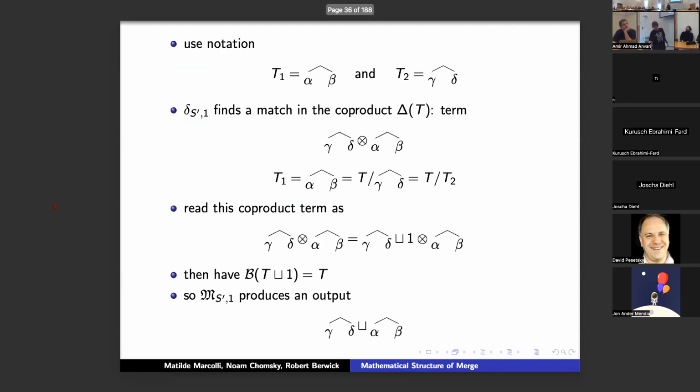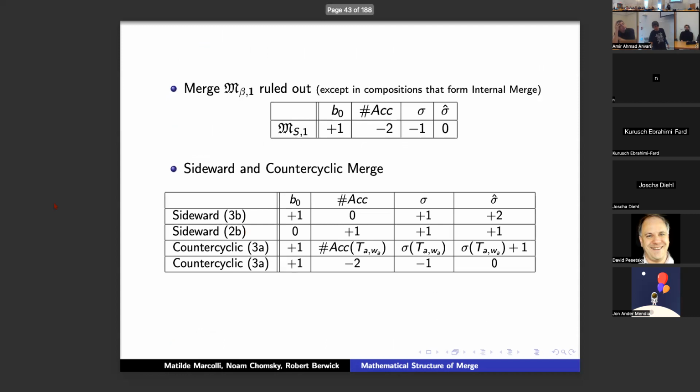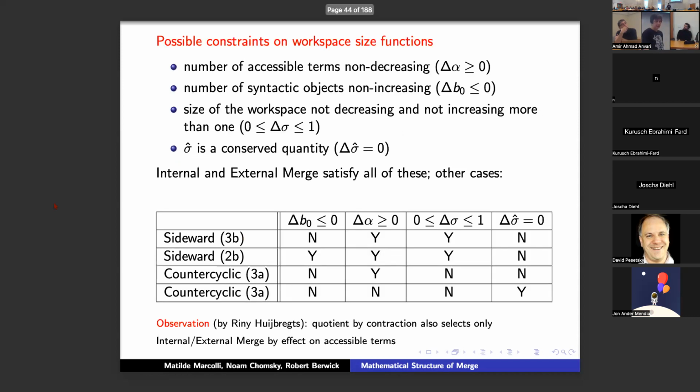But anyway, if you look at these various size countings, you'll find that all the other forms of merge violate one or the other of these size counting properties. And so at the end of the day, you can make a table. Is the size of the workspace decreasing? Yes or no?